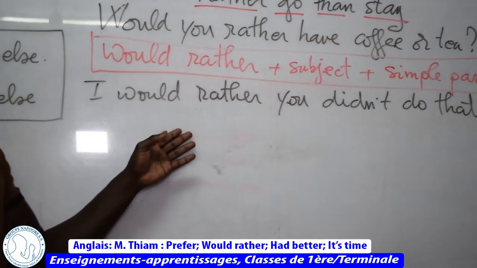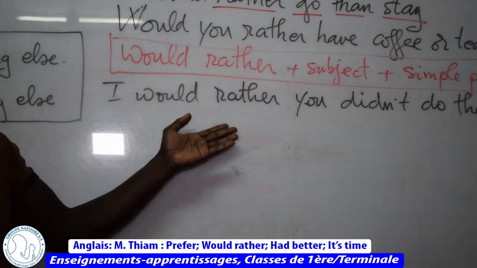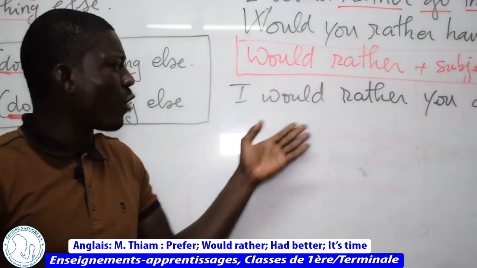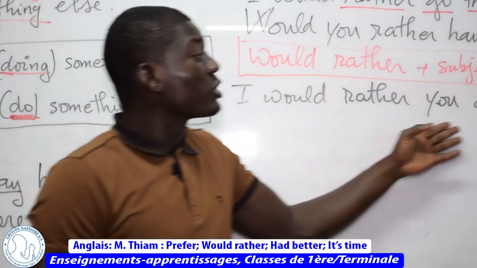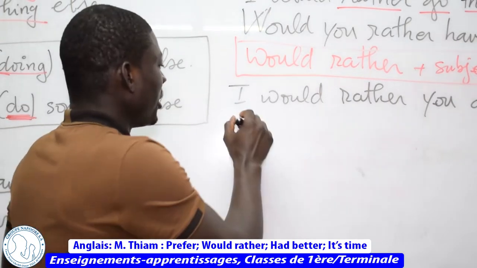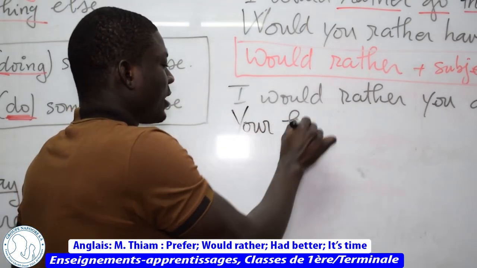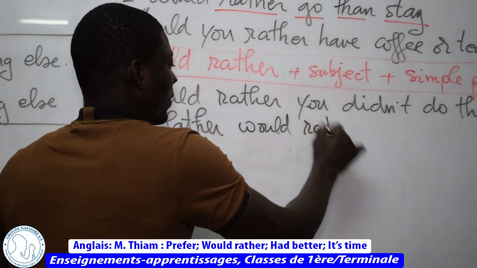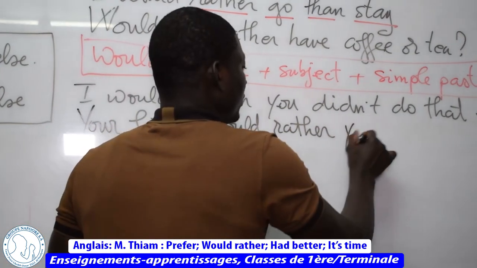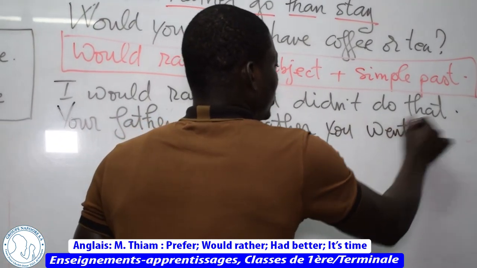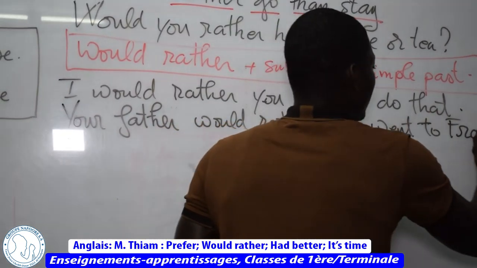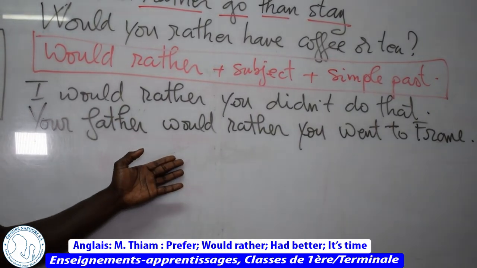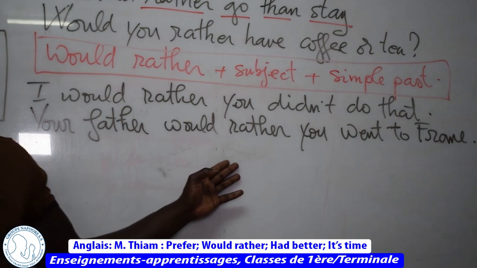Understand that? You are telling someone that you don't want him to do something. Okay? Let's say in a more polite way or in a more formal way, you can say, I would rather you didn't do that. Or, let's say your father would rather you went to France. All right, let us suppose that your choice is to go to the US.